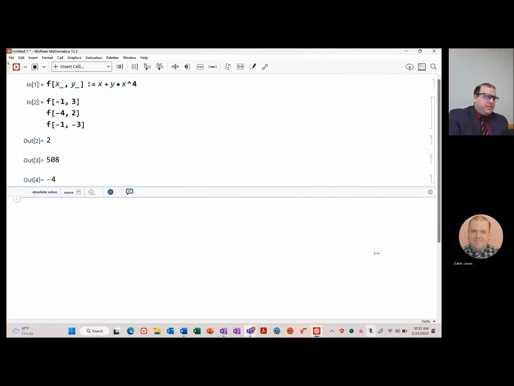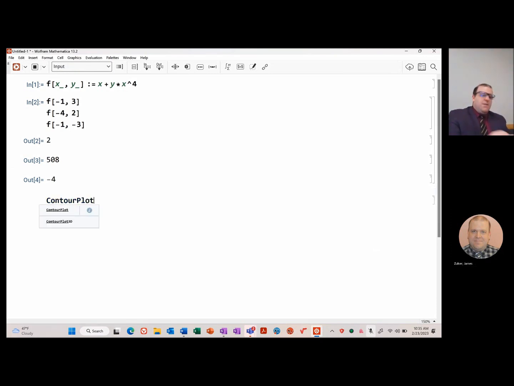Going to use the contour plot. Right, but here we're not using it to plot a relation, which is what I have been using it for. Now we just type in the function. First one was y minus 2x squared.